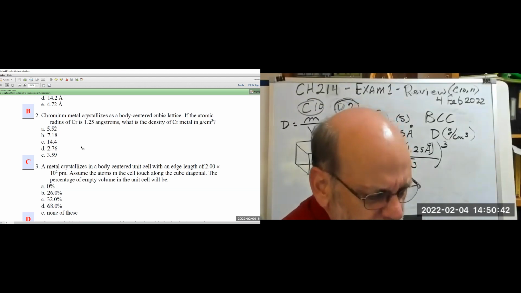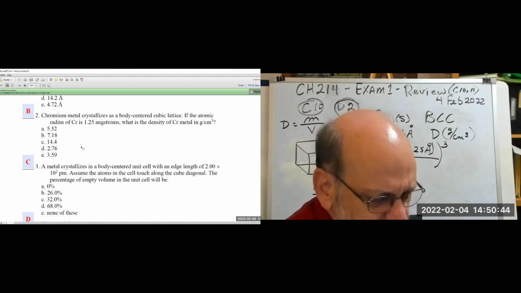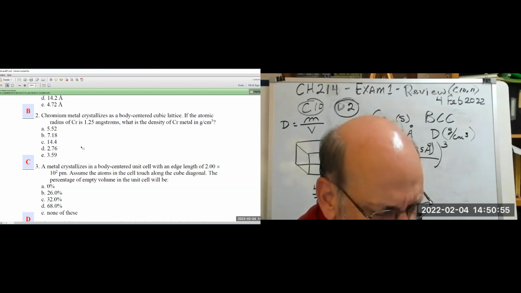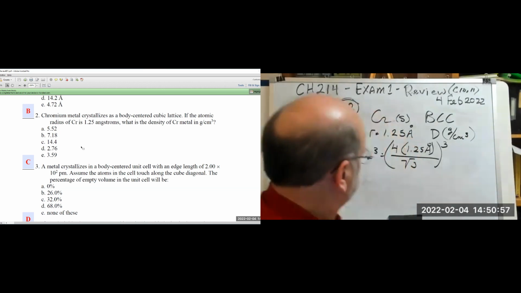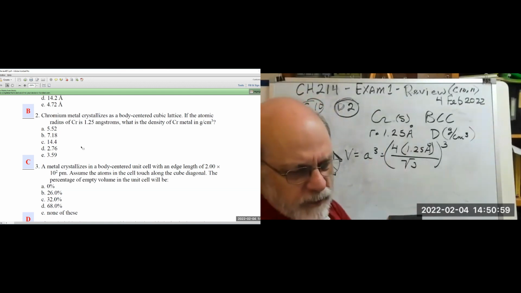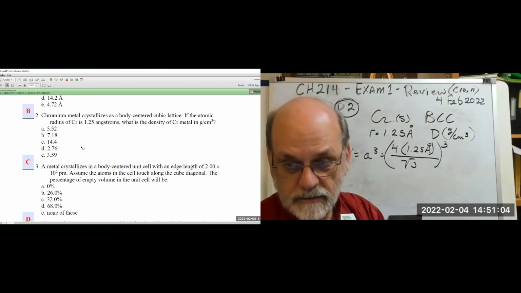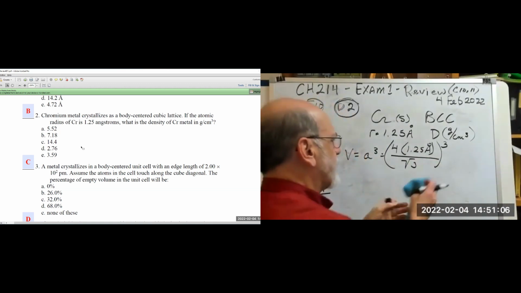So let's see. In the interest of time, let me see. Where is it? Volume is a cubed. Convert. Oh, okay. So the way I worked the problem here, I calculated a first and then converted to centimeters, which is probably a better idea.